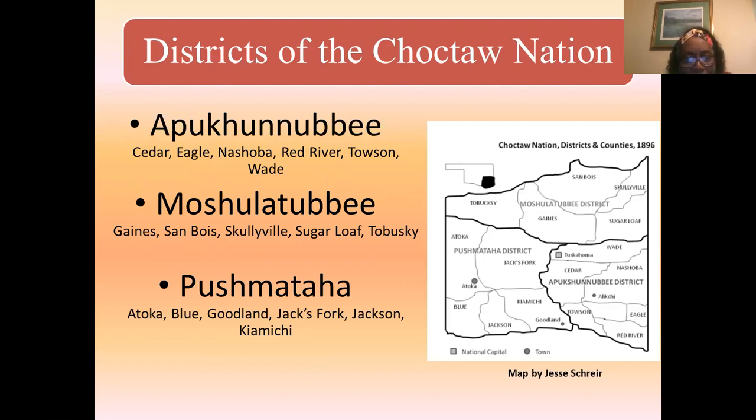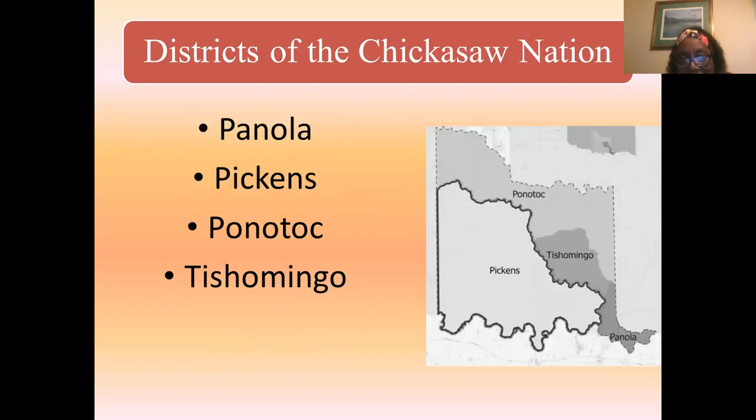I had ancestors from the extreme southeastern part who lived in Eagle or Eagle Town, and they weren't that far from Red River, from Tosin, from Wade, and other communities. Pushmataha, you want to know where your ancestors lived.